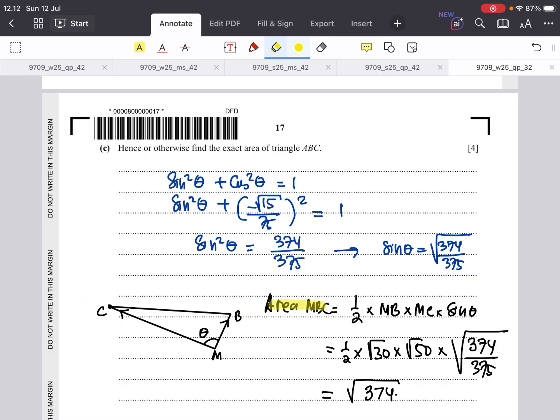So this is triangle MBC. So area of MBC is half MB times MC sine theta. So area of MBC is square root of 374. The question asks you to find area of ABC.